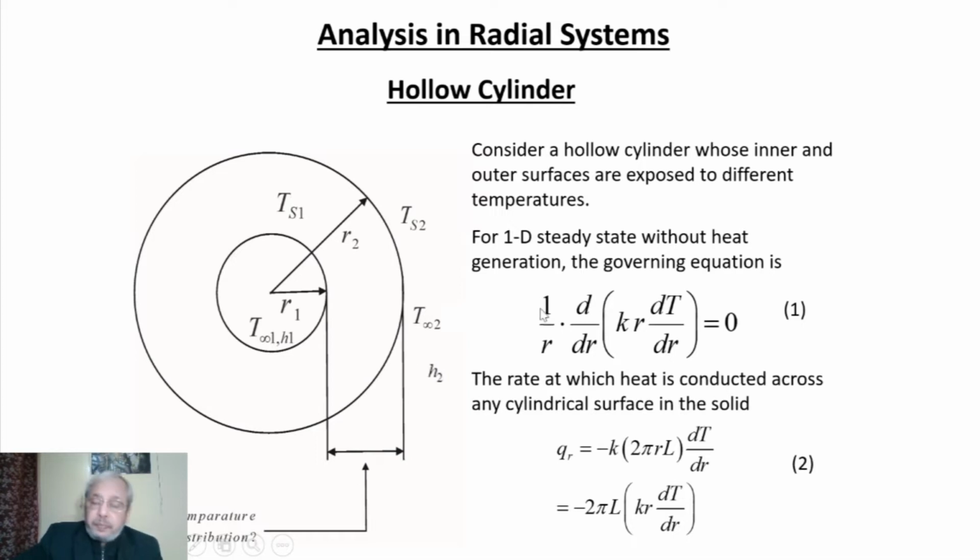Everywhere it is the same, so it has only r variation. That is why we can write 1 by r d/dr of (k r dT/dr) equal to 0.